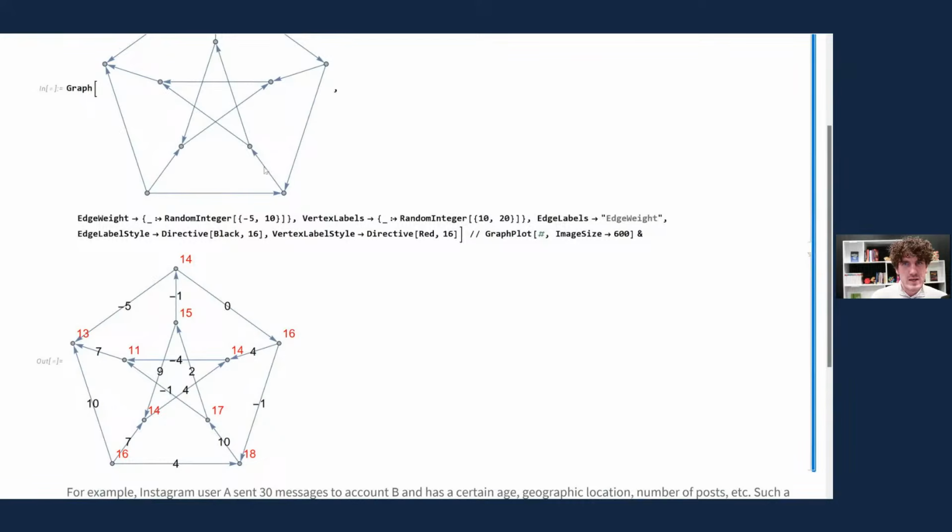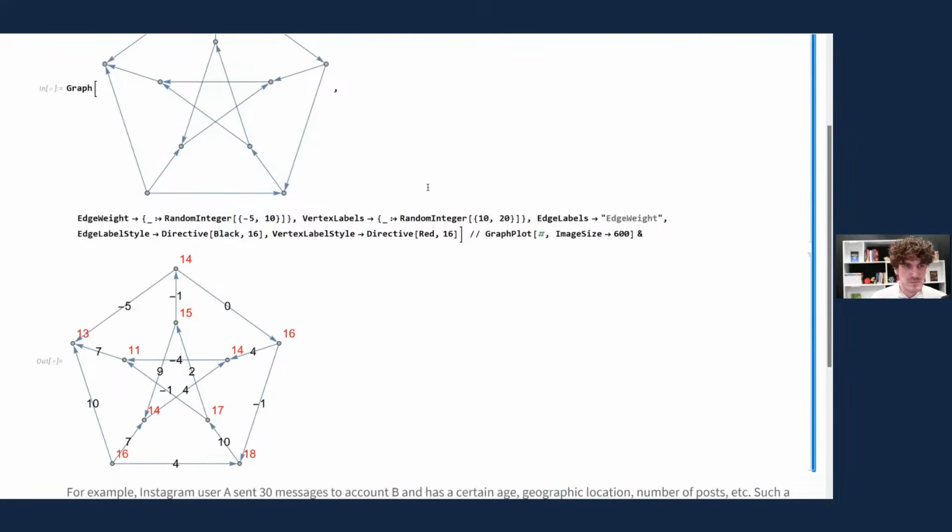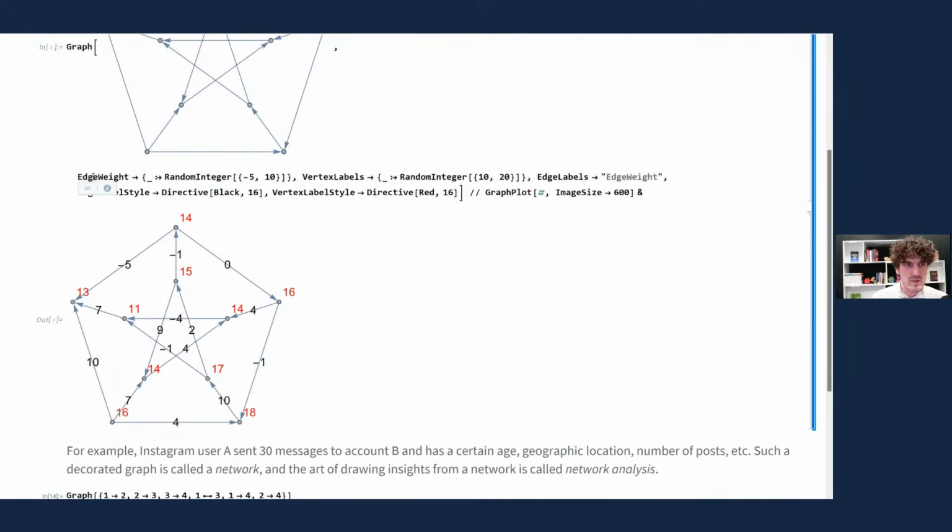So we've taken this graph that we had before, the directed graph from the previous slide, and we define an edge weight that is a random integer between -5 and 10. And then we also have vertex labels that are some random integer between 10 and 20.